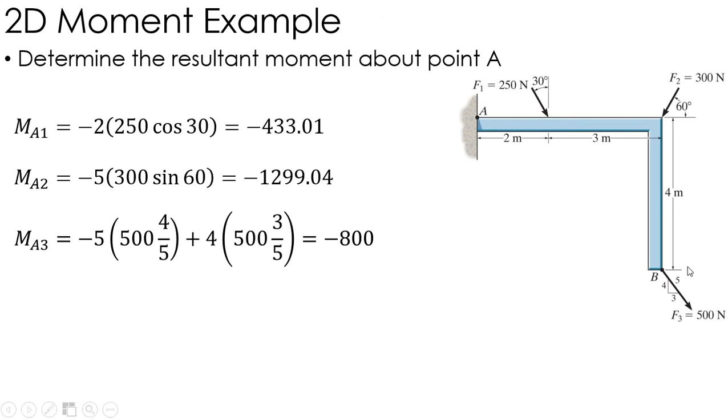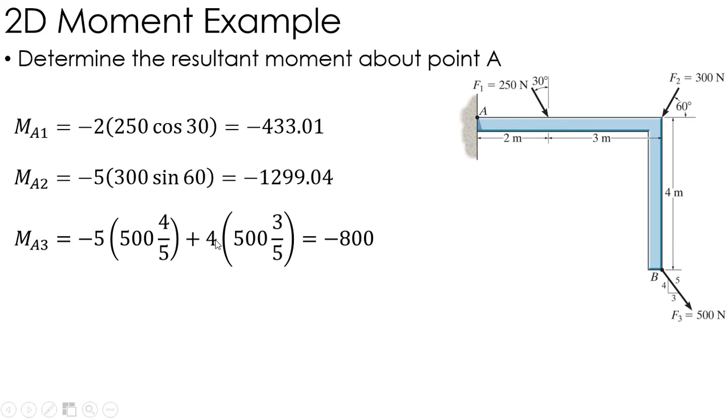Now, this force, heading to the right, creates a counterclockwise rotation about point A. Counterclockwise is a positive moment. So it's pushing this way, creating a positive moment about point A. So that would be positive perpendicular distance of 4 meters times 3/5 of the 500.